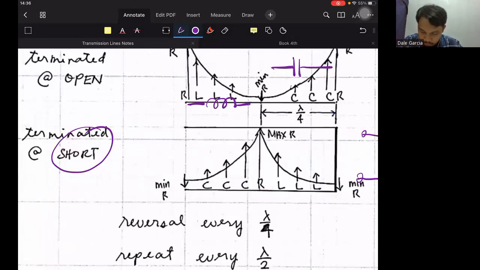So 1/4 wavelength away from the input is maximum resistance. 1/2 wavelength away, minimum resistance.